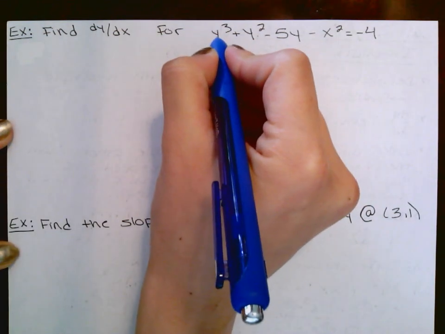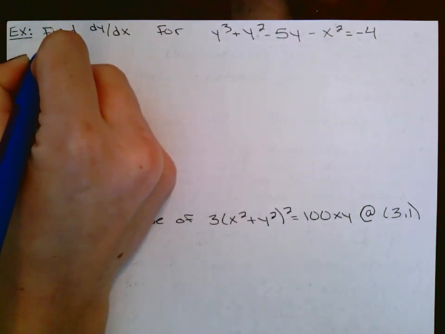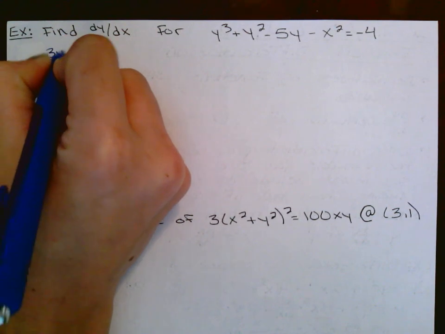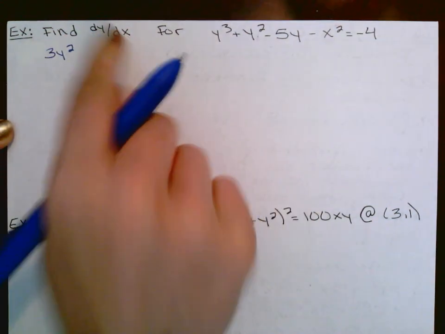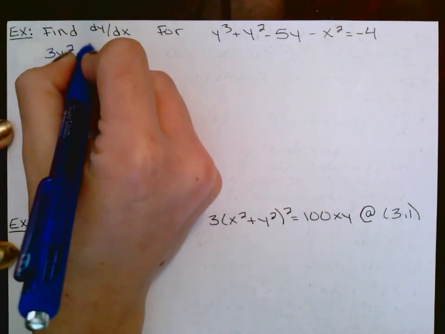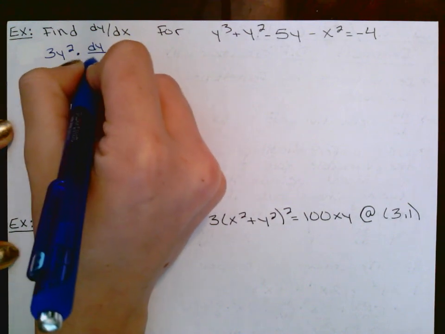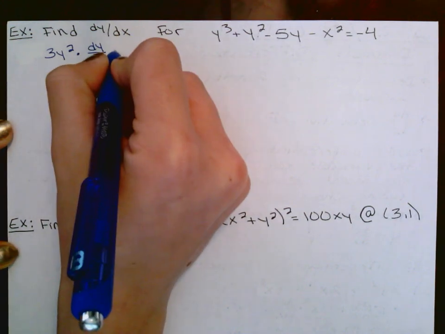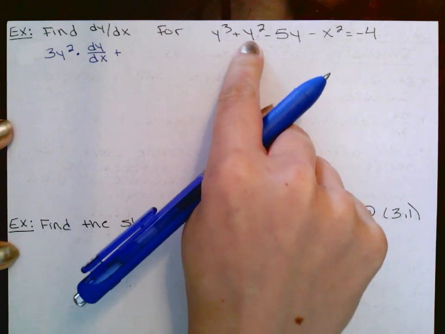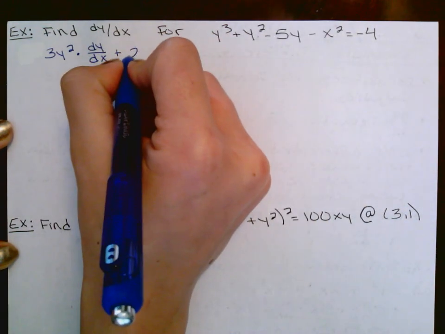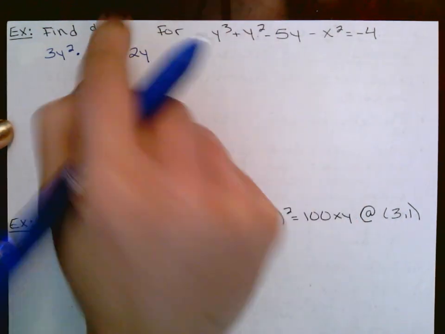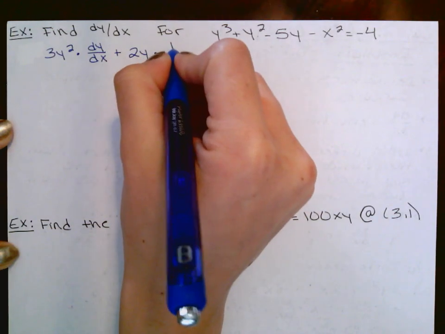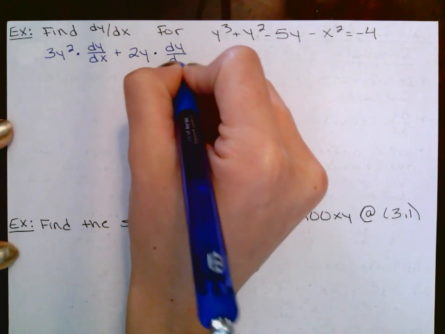So derivative of y cubed. First do your regular derivative, 3y squared. Because it's a different variable other than x, I have to include its dy dx. Next term, plus derivative of y squared is 2y. Because it's a variable other than x, I have to include dy dx.